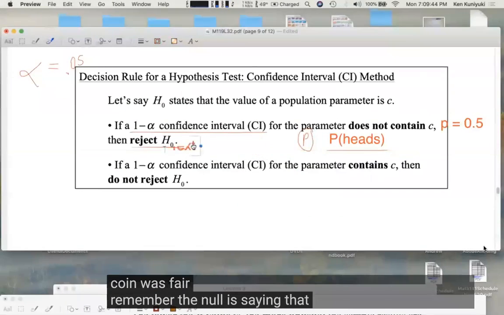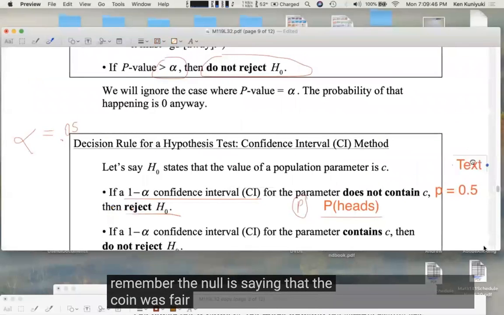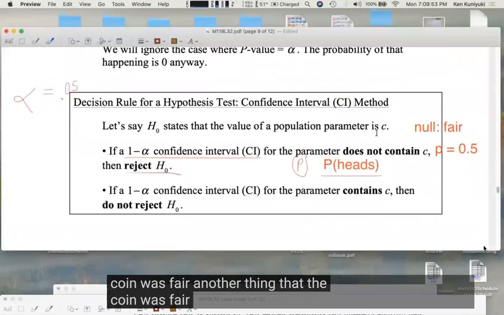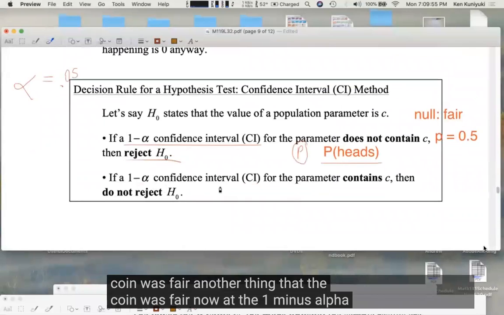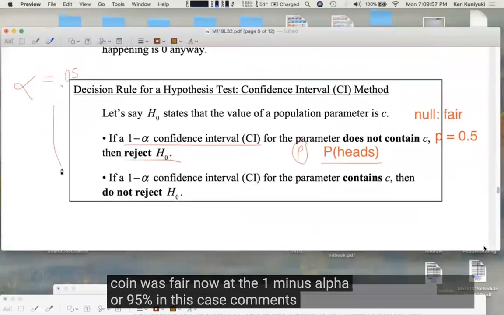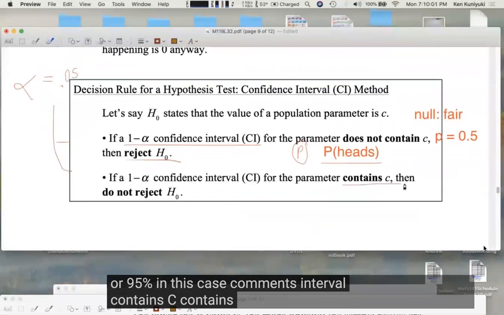Remember, the null is saying that the coin was fair. Now, if the 1 minus alpha, or 95% in this case, confidence interval contains 0.5, then we do not reject the null.